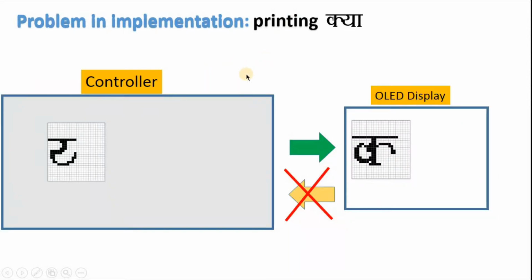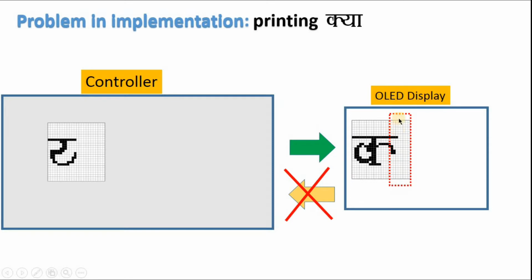Now we will implement this method in controller, but there are some problems, like we can write in OLED display but we can't read what is there in OLED display. We sent K first. Now we want to send this ear and we want to connect this K to this ear.